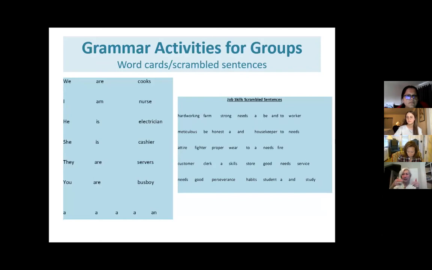And then I cut all the sentences up into just single words. I put them all in an envelope, and I give them to the students, and they have to move the pieces of paper around to form complete sentences, right? This is when we're face to face. We're going to talk about online in a minute.